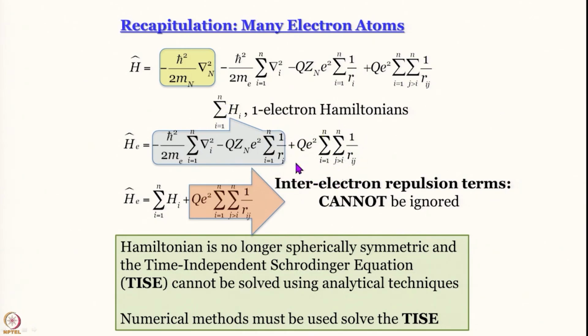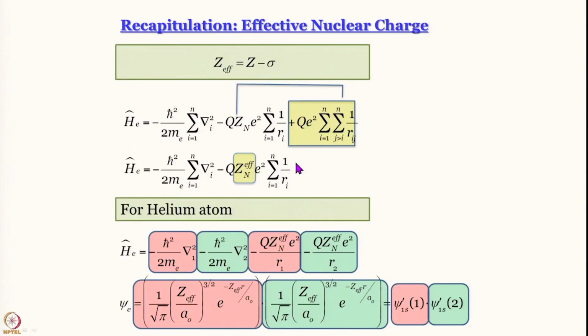These you cannot ignore, you have to account for them somehow, and the way we are accounting for this so far is by considering something called your shielding constant, and considering that the effective nuclear charge is what an electron sees.